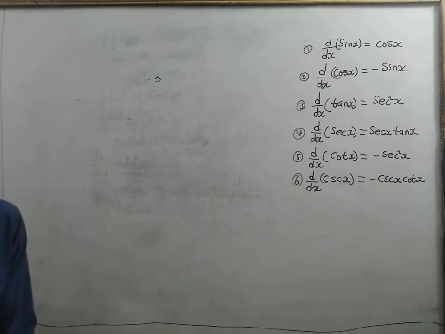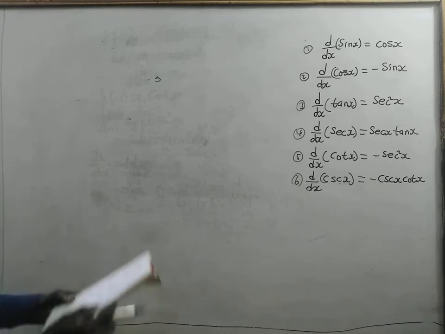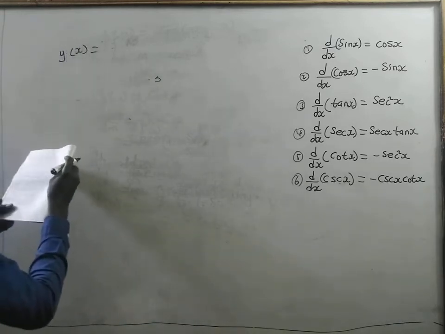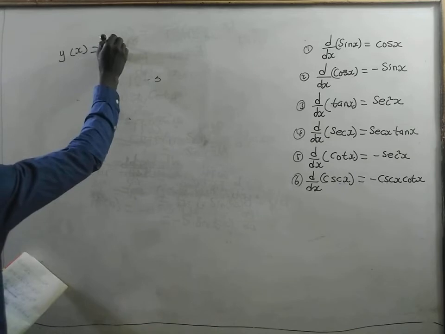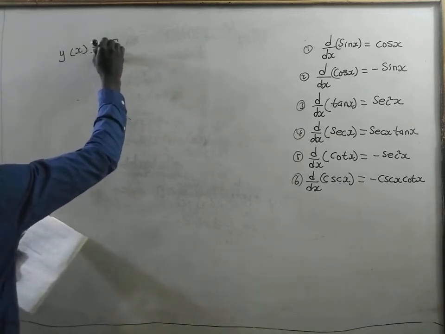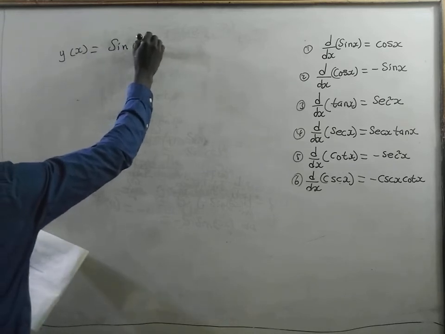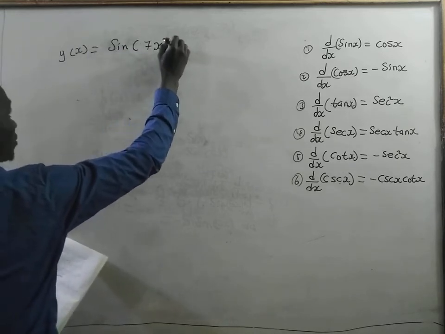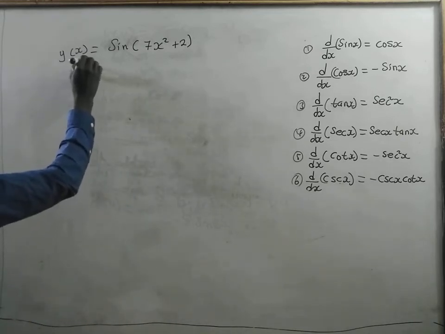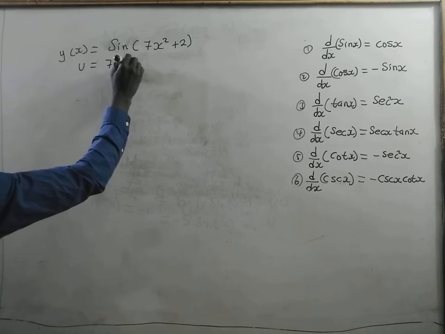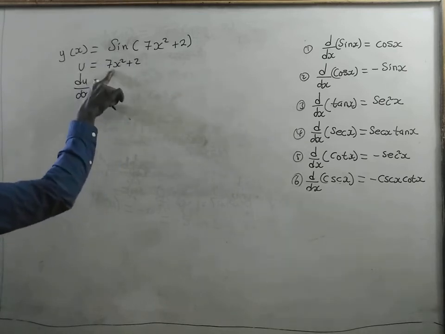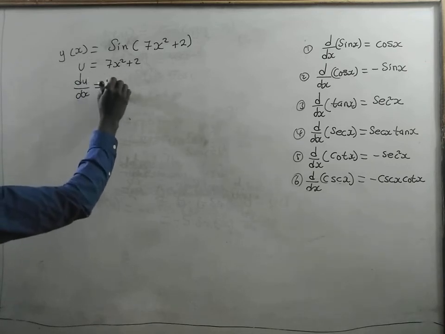Now, the next example, we have y of x is equal to sine of 7x squared plus 2. So here, if we take u to be equal to 7x squared plus 2, the derivative of u with respect to x is equal to, if you differentiate 7x squared, you get 14x.